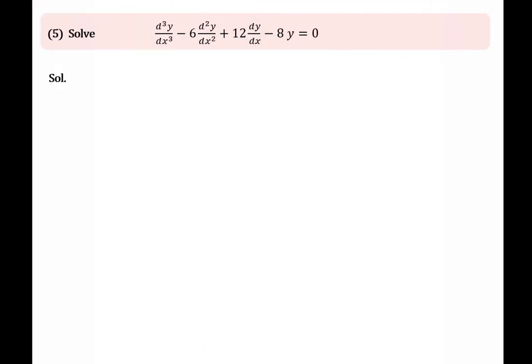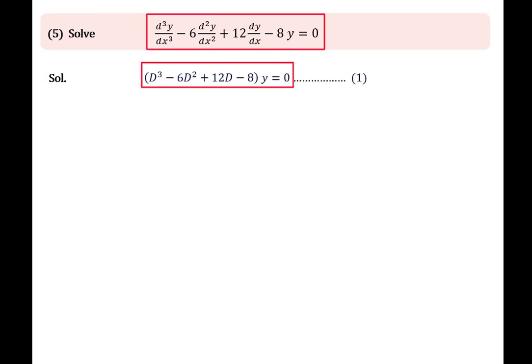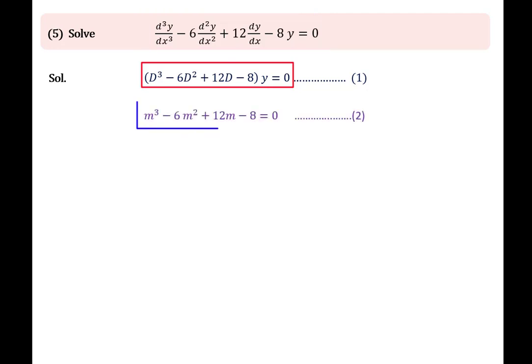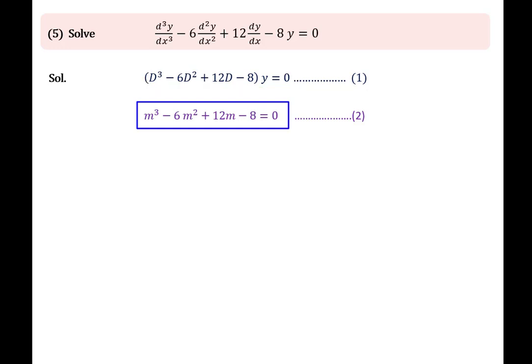Next question. The given differential equation can be written as (D^3 - 6D^2 + 12D - 8) y = 0. Now the auxiliary equation of differential equation 1 is m^3 - 6m^2 + 12m - 8 = 0, which is a third degree polynomial, so it has 3 roots and the roots are 2, 2 and 2.